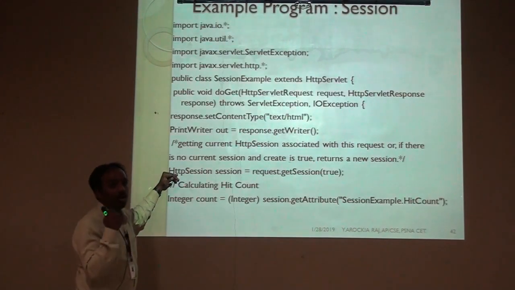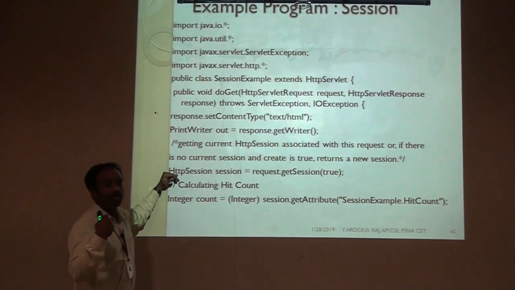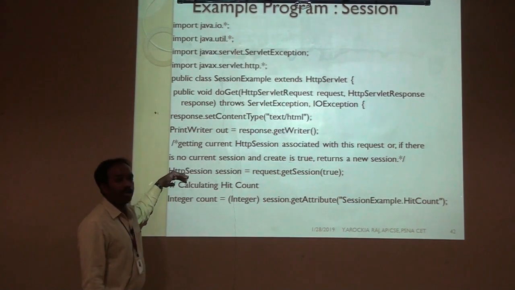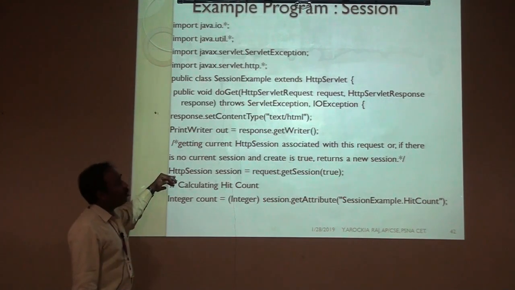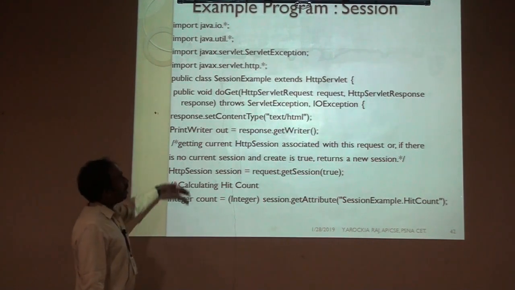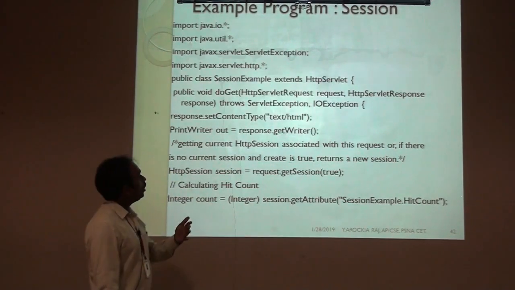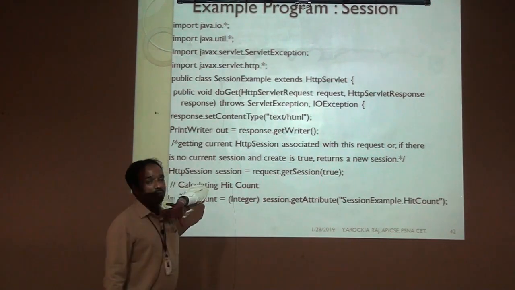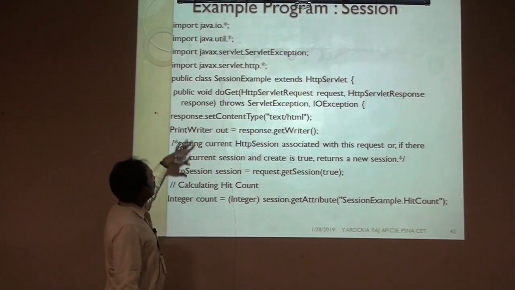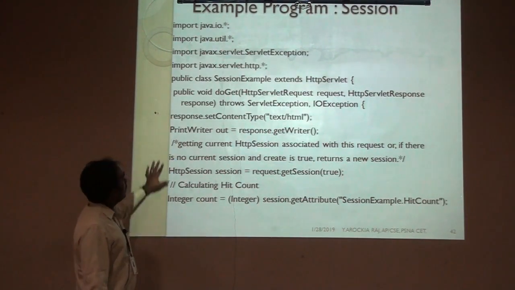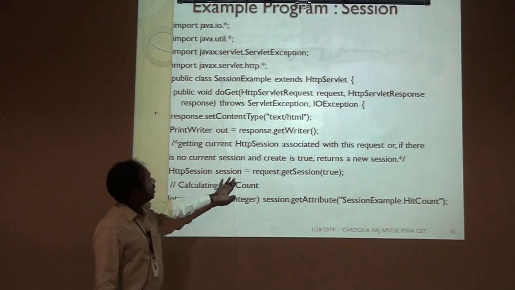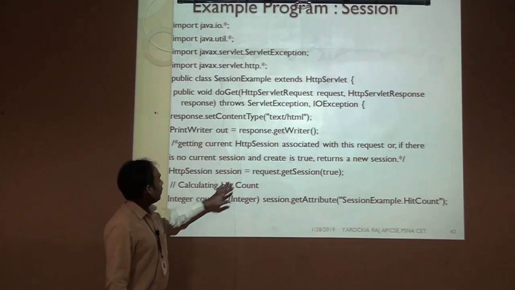Your first access time, second access time, third access time, everything will be noted automatically. So you need not handle anything. Here I am creating this code under HttpServlet. We know very well that with the help of the doGet method, we can create an HttpServlet method. Inside that I am creating a session object, right?